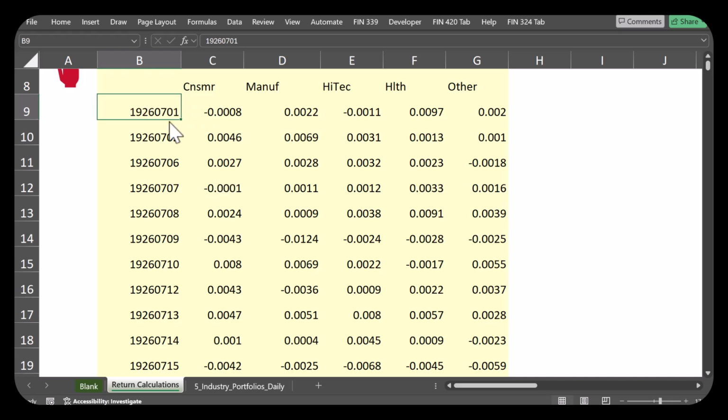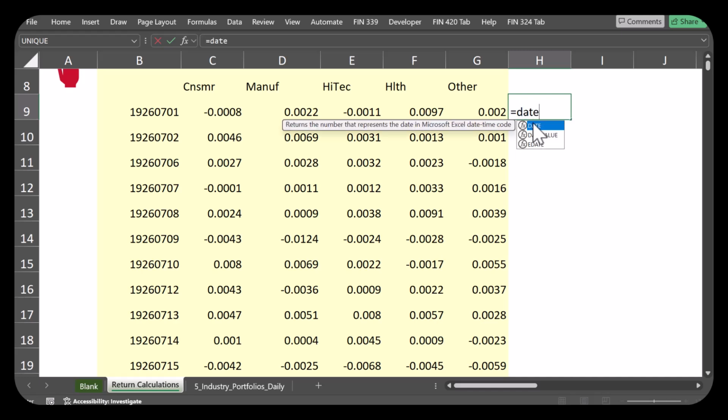I don't like it in that form, so I'm gonna call that date value or date. Left this four, that's the year.